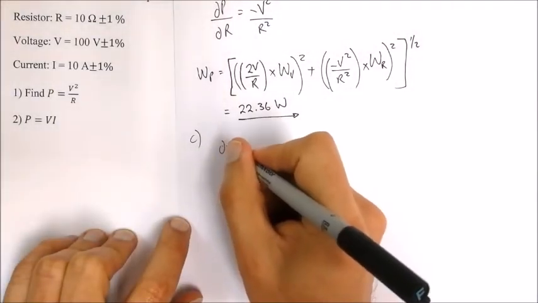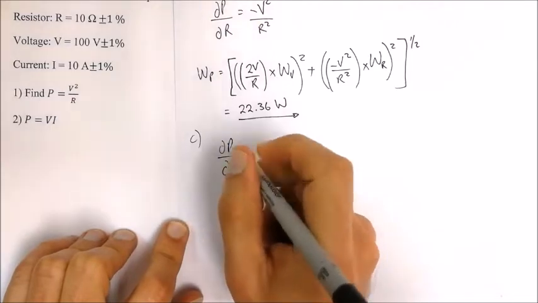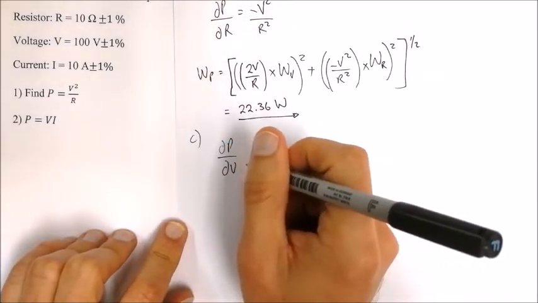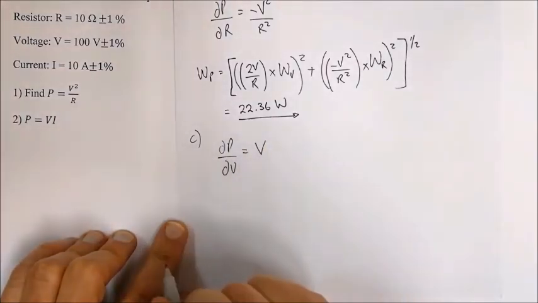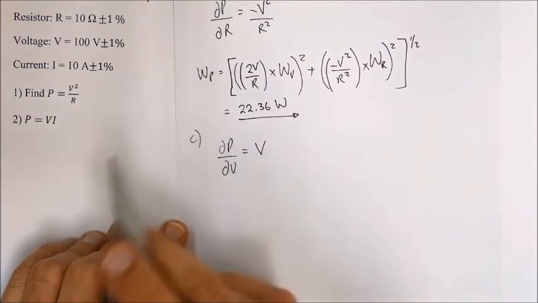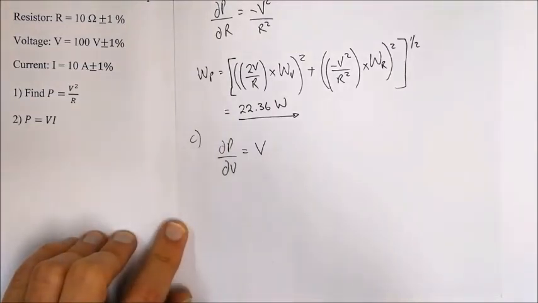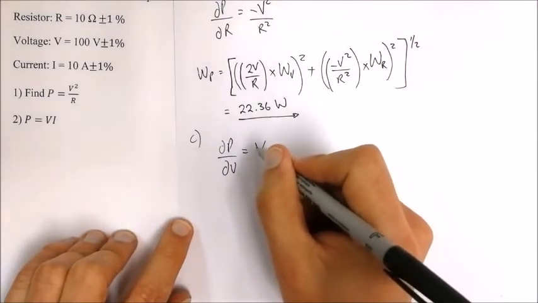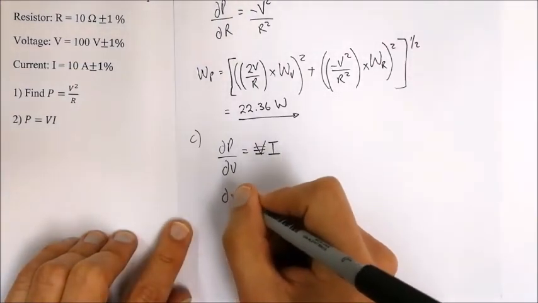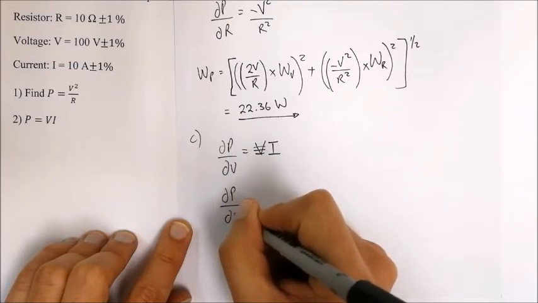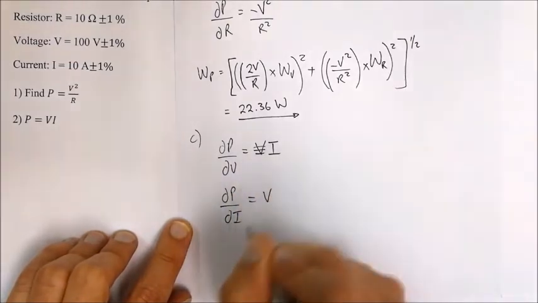So again that's equal to V. If you take the derivative of power is equal to voltage times current with respect to voltage, and you're going to also then need to do the derivative of, this is actually incorrect. This is equal to I. Okay, and then you're going to need to do the derivative dP dI, which in this case is equal to V.